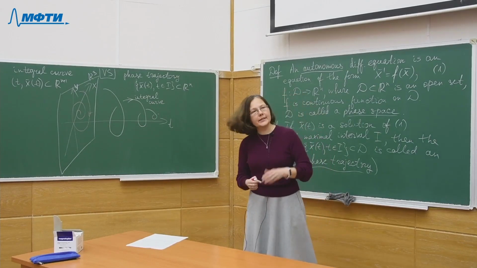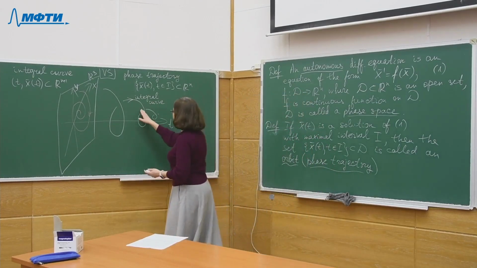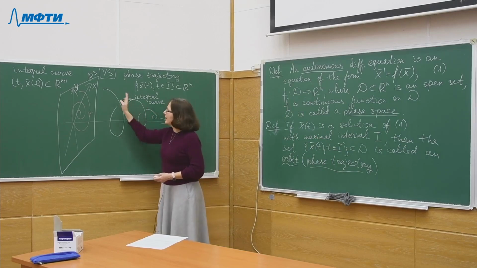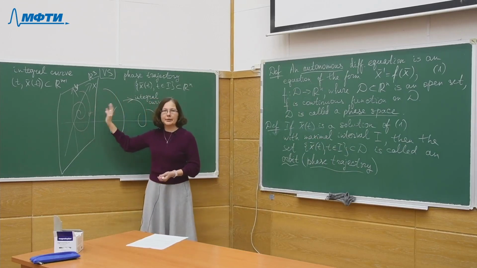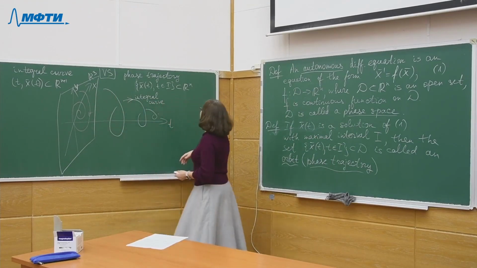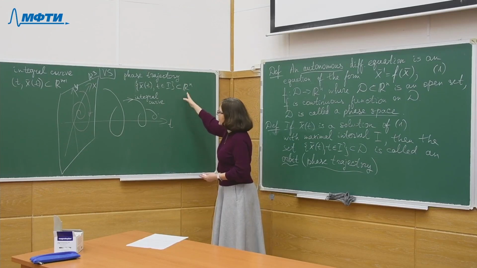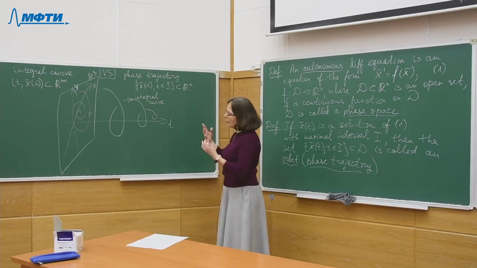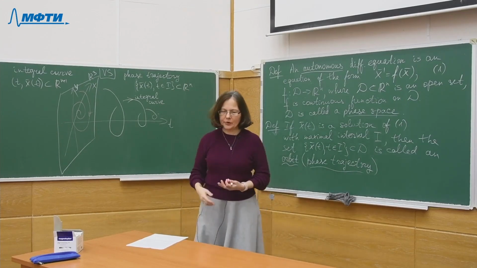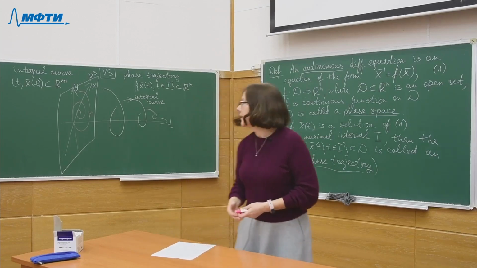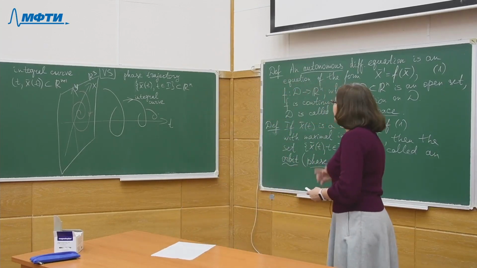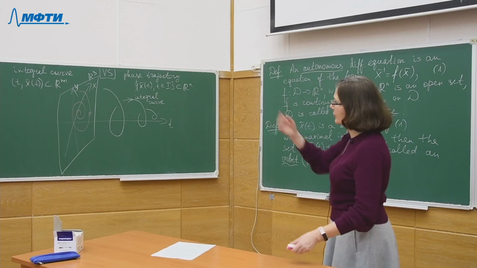In the plane, right? So the integral curve is in 3-space, but the phase trajectory is in the plane, right? Because the dimension of the space for a phase trajectory is 1 unit less than for integral curves.